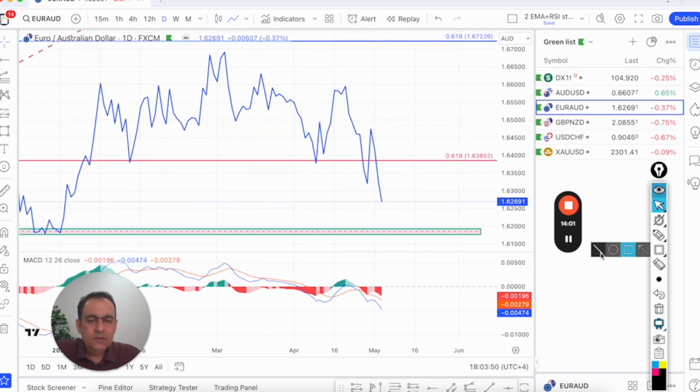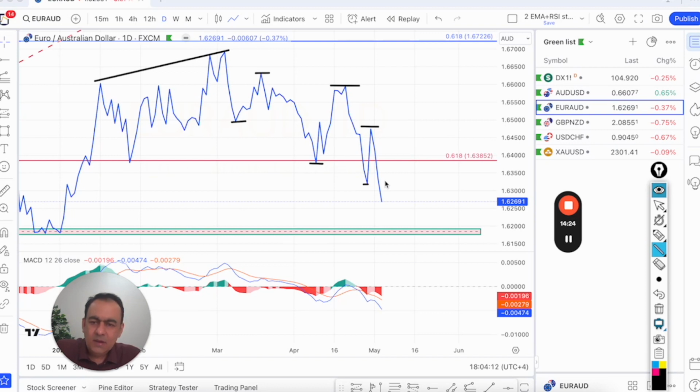If you notice, we got one more bearish divergence, and then it started forming lower highs and lower lows, and right now it is not showing any signs of exhaustion. I don't see bullish divergence coming into play, so it should continue confidently in the bearish direction.